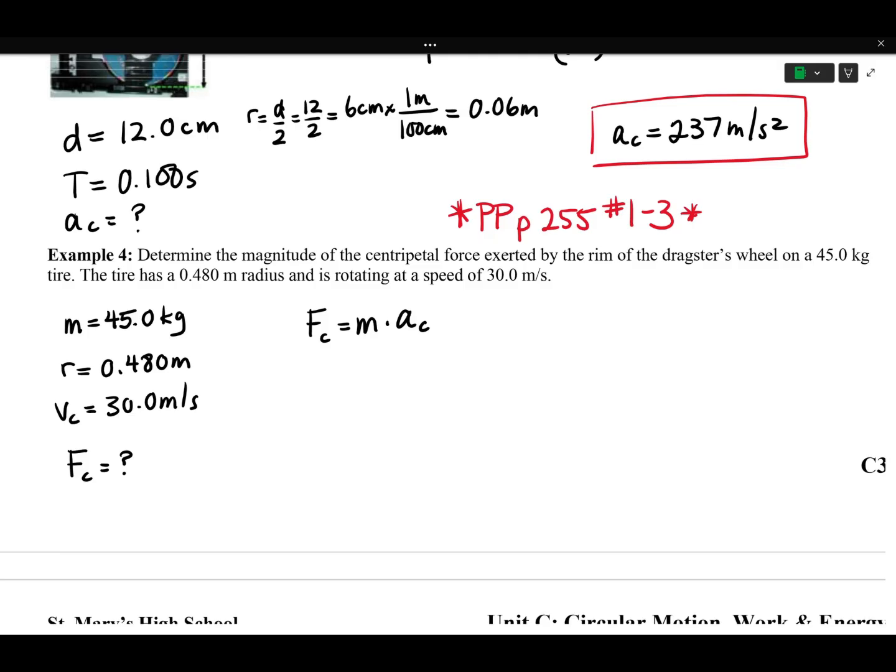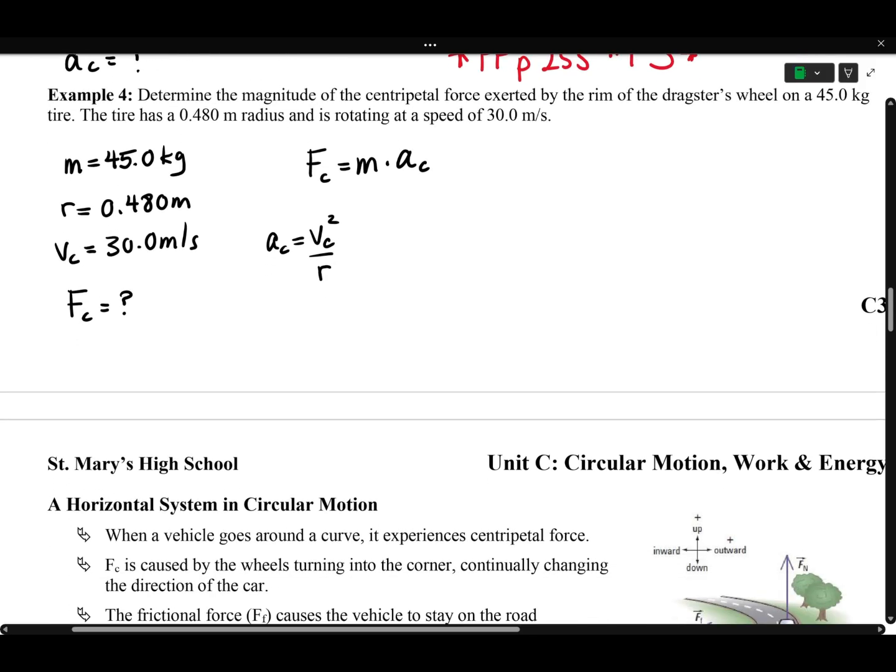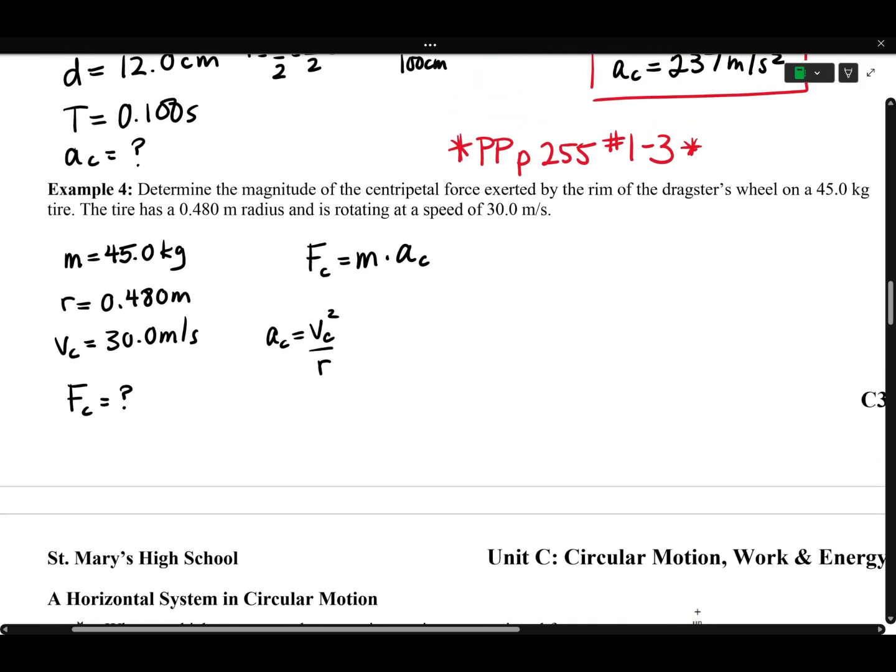I do not know the centripetal acceleration, but I've got a couple of formulas for it. If I look at what I have, I've got my circular speed, so my equation for centripetal acceleration, circular speed squared over r, would work, because I have my r, my mass, and my circular speed.